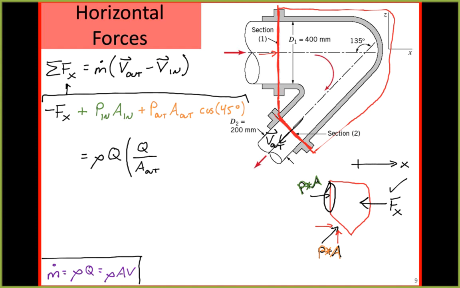So that came from Q equals AV, which I just wrote in green down along the bottom also. So that's the magnitude of velocity out.